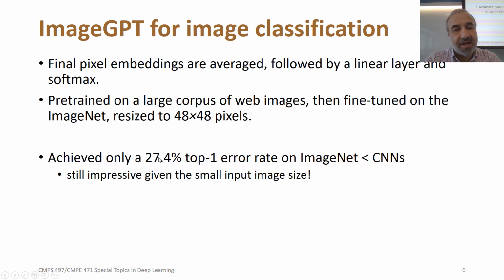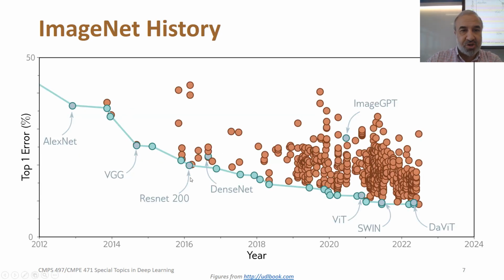And to get that number was impressive given that it was the first step. Remember the ImageNet history. This is image GPT here, and you can see that it is not the state of the art at the time, but it was the first attempt to use transformer-based models for image processing.